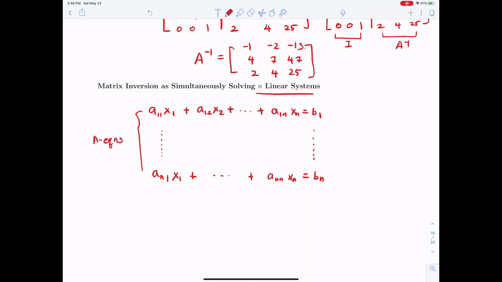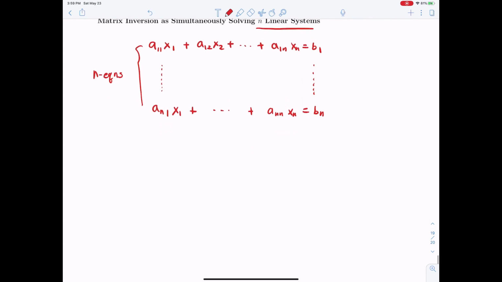Then we can form the coefficient matrix A equals a sub ij, x equals x1 through xn, and the vector b equals b1 through bn.